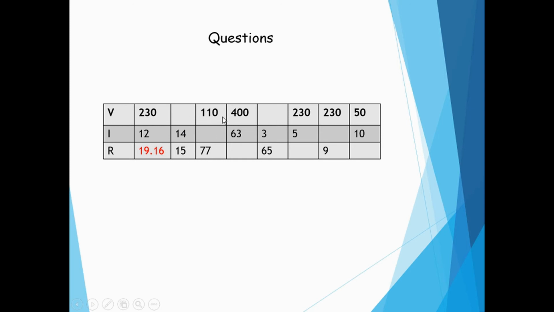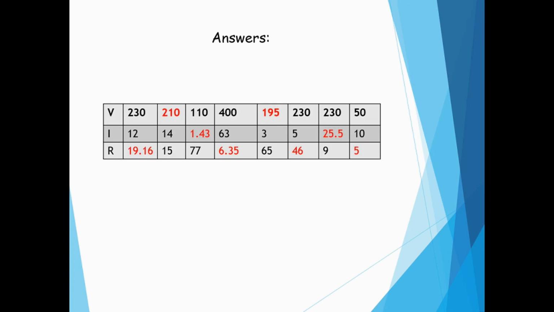You do the rest and come back to the answers. You can pause the video here, answer those questions, and come back and play the rest to watch the answers. The answers should be as follows.